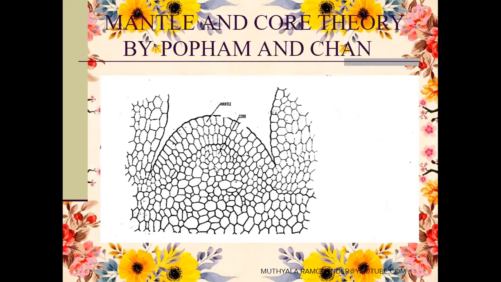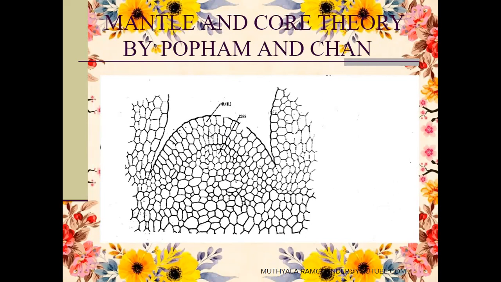And the next theory in shoot apical cell theories is the mantle and core theory. Mantle and core theory was proposed by Popham and Chan. According to this theory, on the terminal part of the shoot apex, only two types of meristematic tissues are present. They are mantle and core.